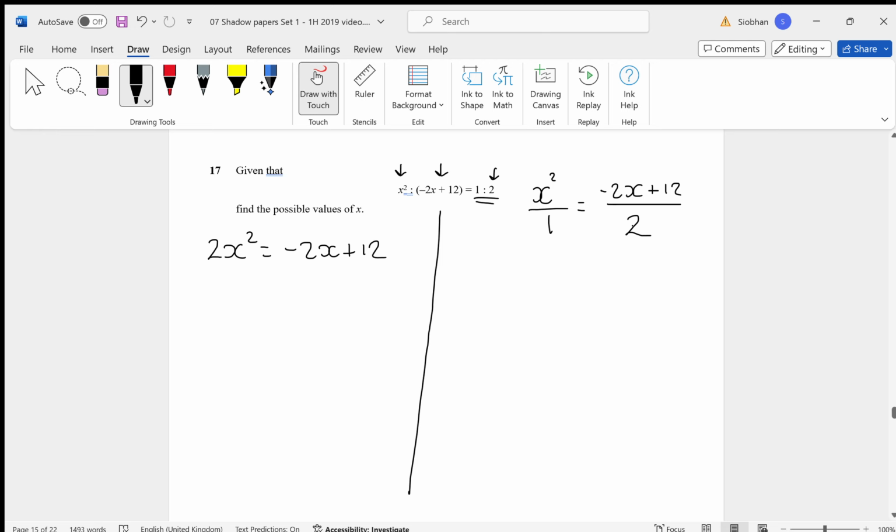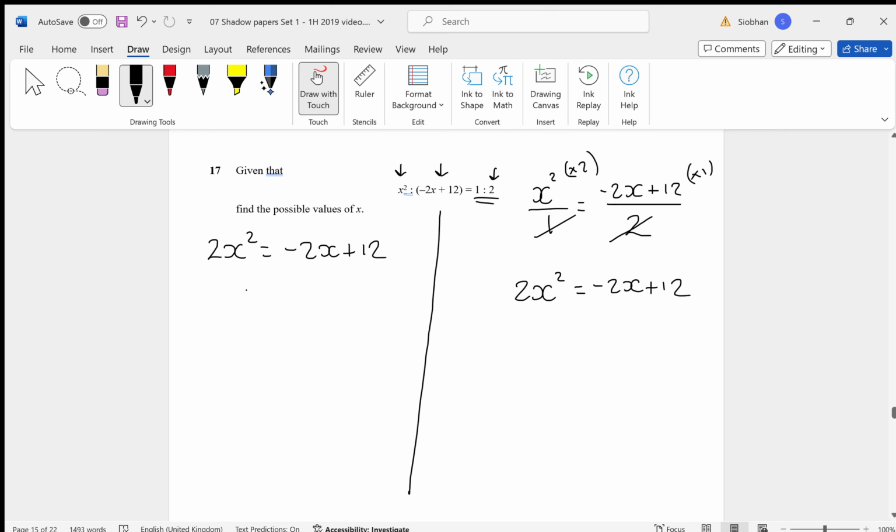So times both sides by 2, which removes that 2 there, and you get 2x squared here. You're timesing this bit here by 1 to get rid of those denominators, and you'll get the same, so you can see you've got the same two answers. So that's two different ways of forming an equation.